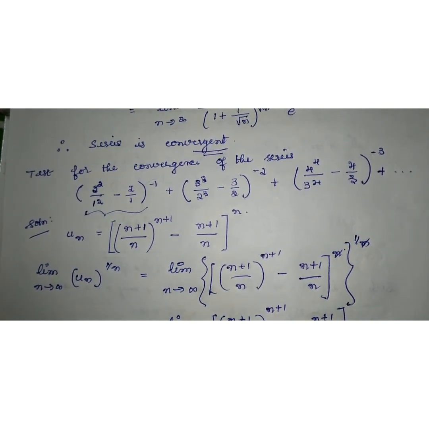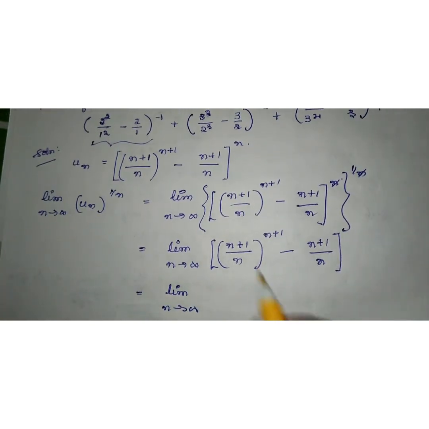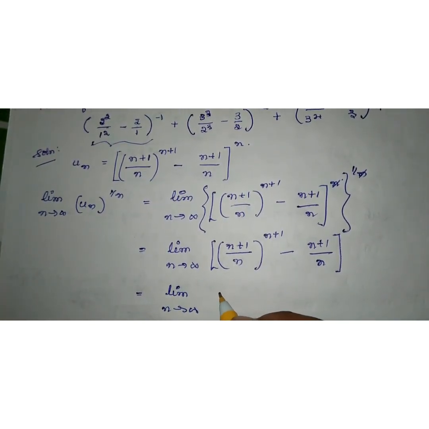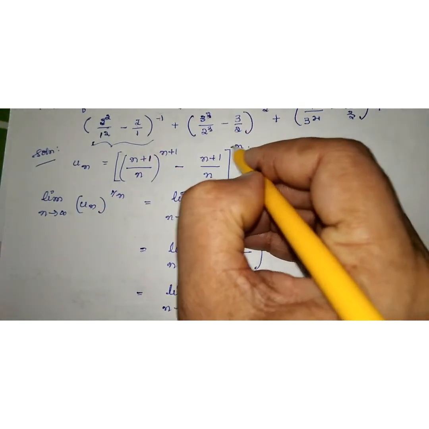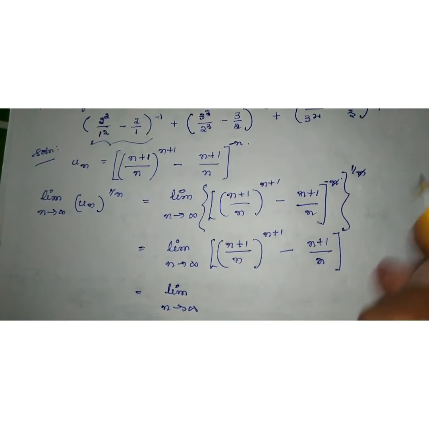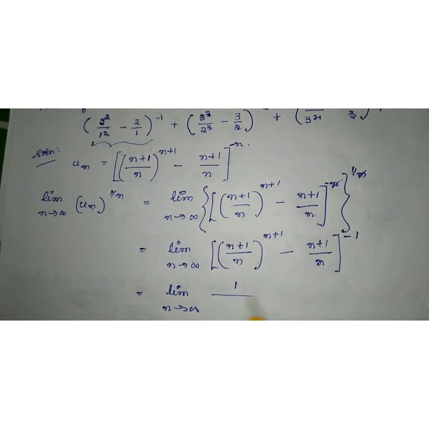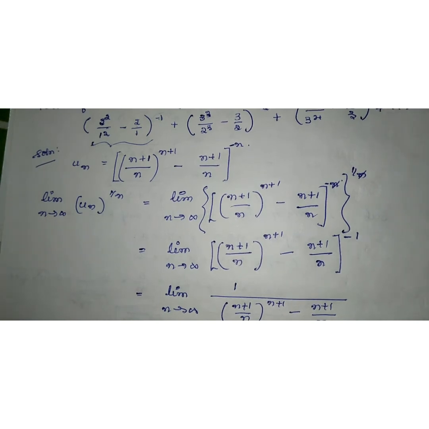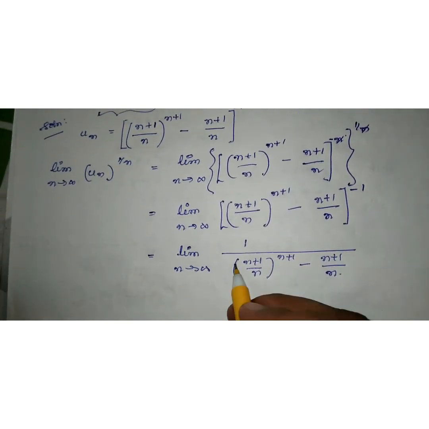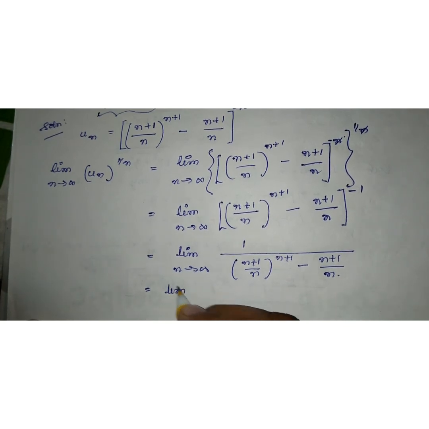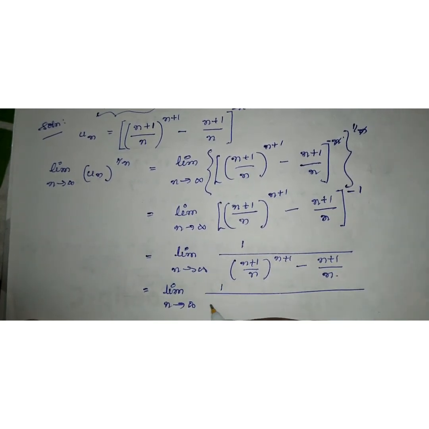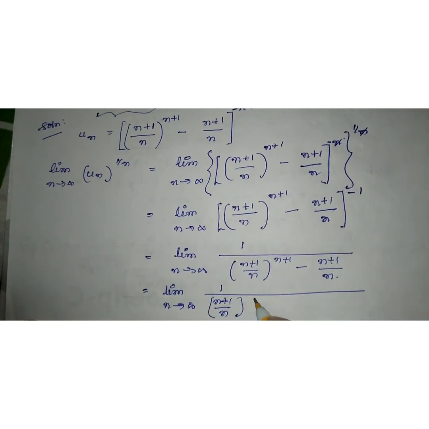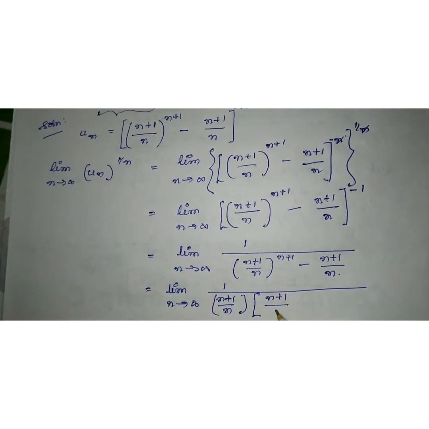So here you can observe the term n plus 1 by n is common, so taking n plus 1 by n outside, you get (n plus 1 by n) whole to the power n minus 1.